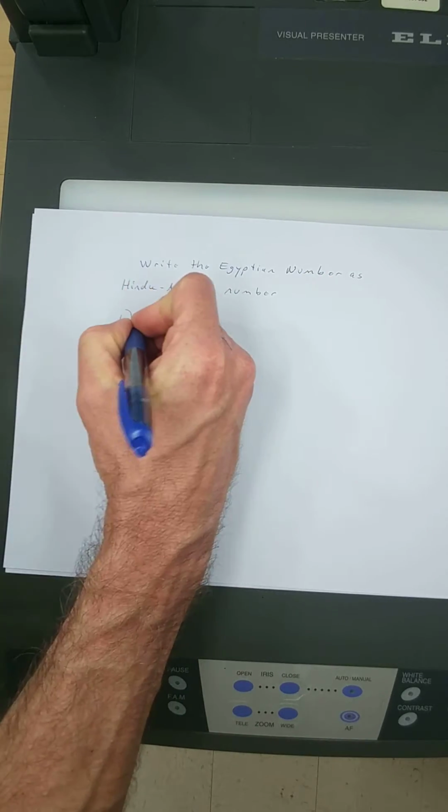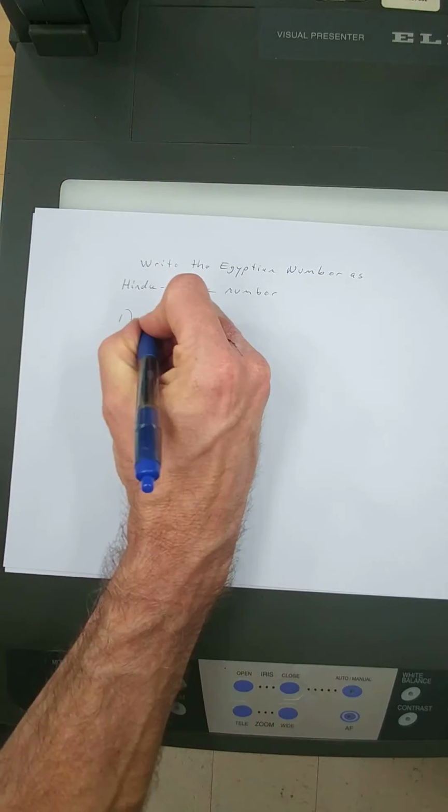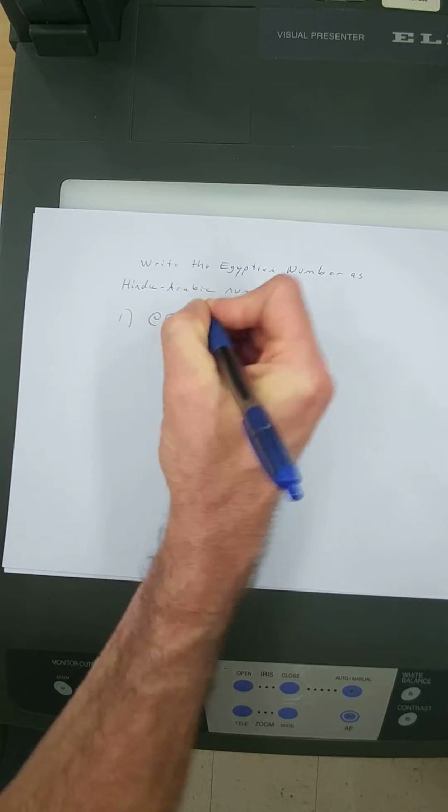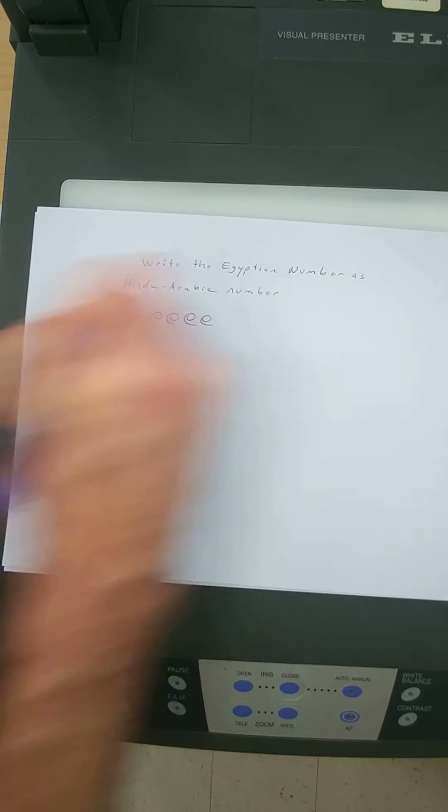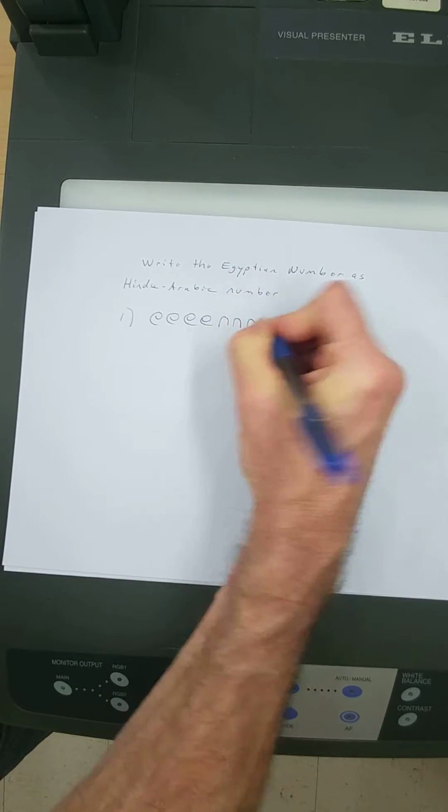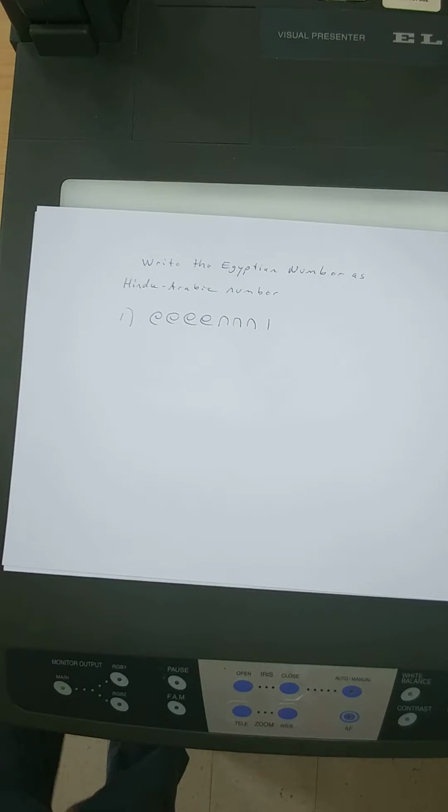The first example I'm going to do is 4 coils of rope, 3 heel bones, and a strike. Now, all you do is convert symbols to numbers and add them up. I mean, it's that simple.